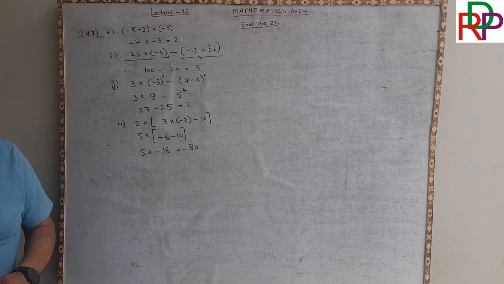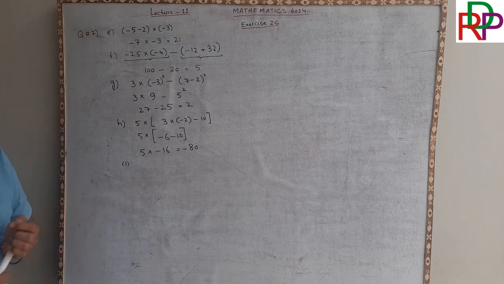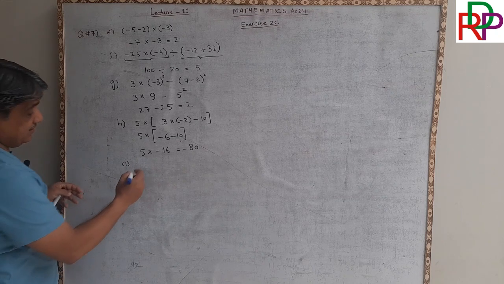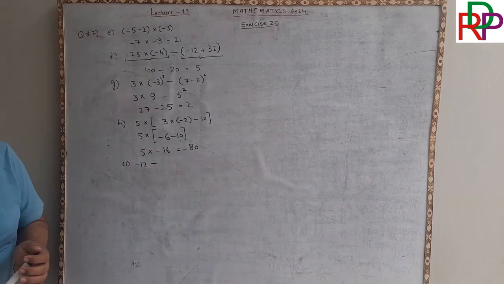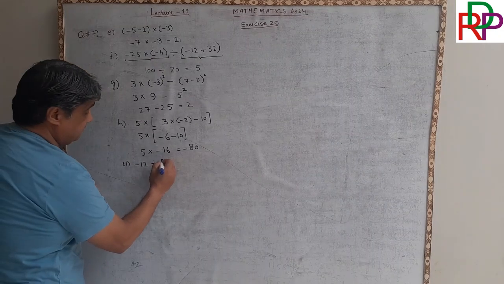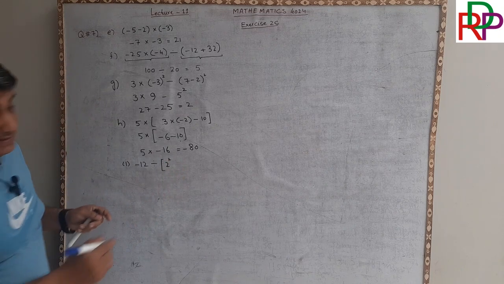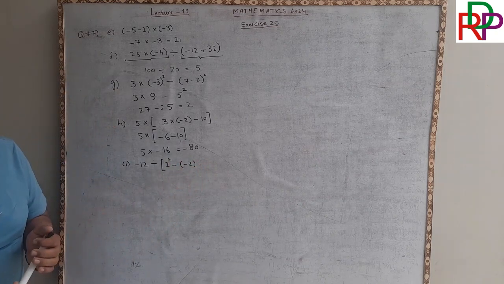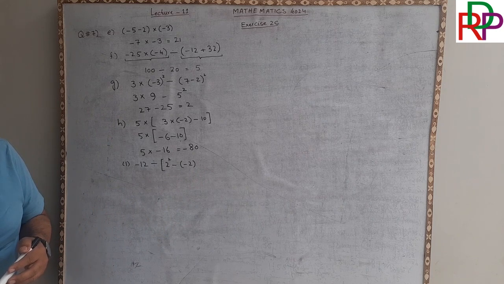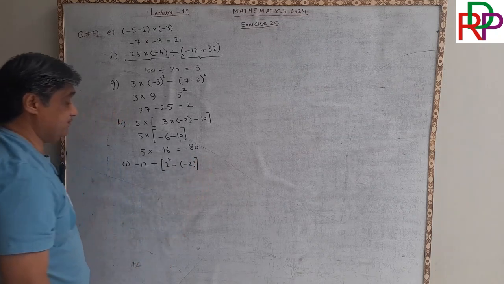Ladies and gentlemen, if your basic concept is clear, then you are well on your way to enjoying these sorts of questions. The next part says minus 12 divided by 2 square, and then we are having minus and minus 2, and then this bracket closed.